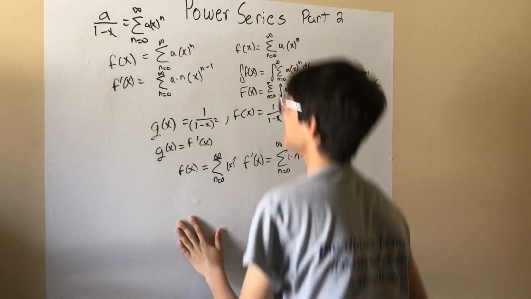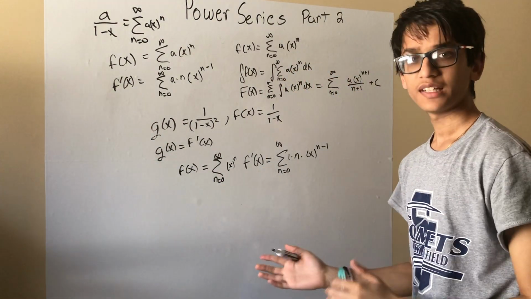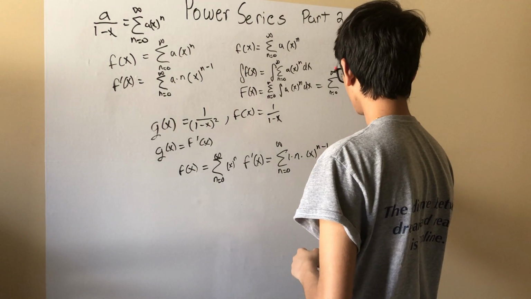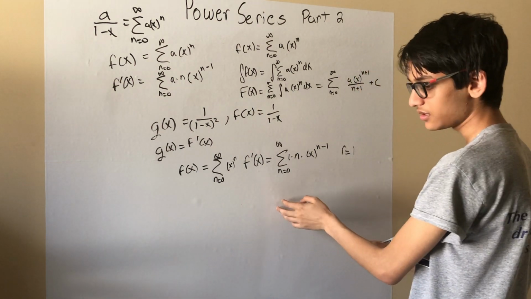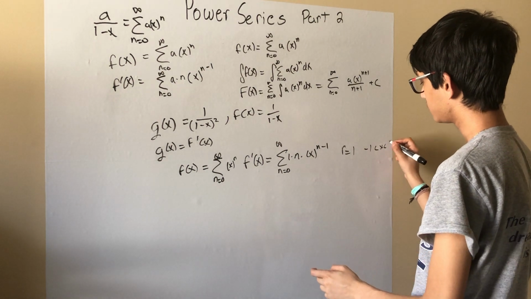And since it's the derivative, the radius and the interval will remain the same. So the r value equals 1 because this is the most basic one. And the interval is -1 is less than x, which is less than 1.